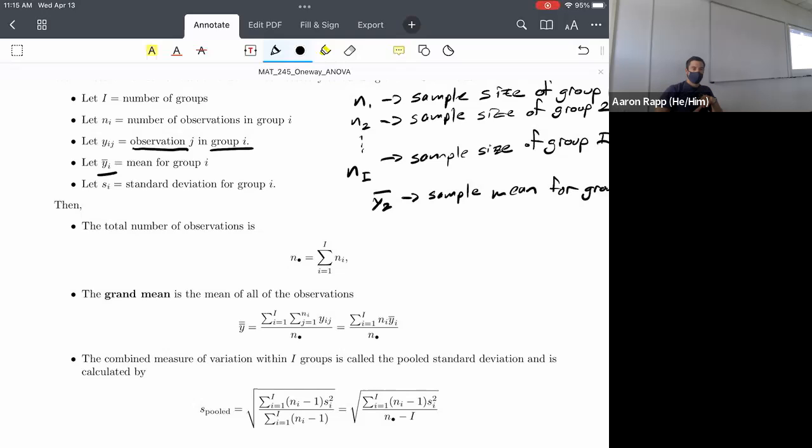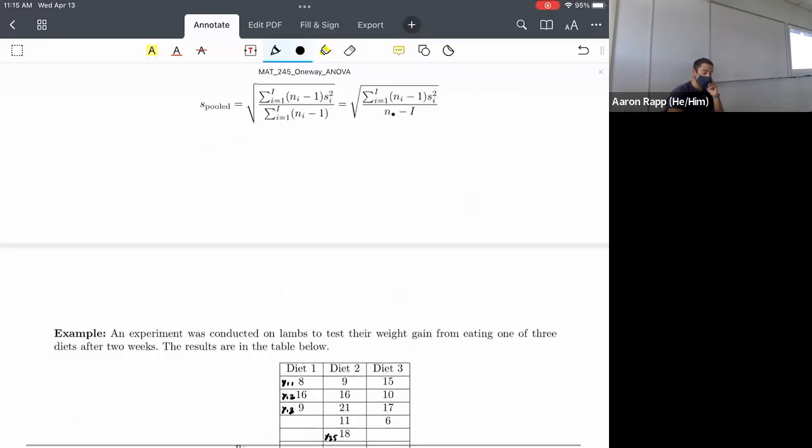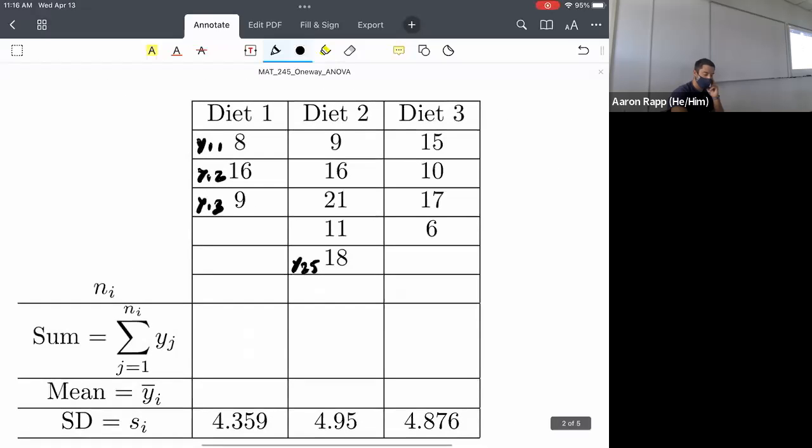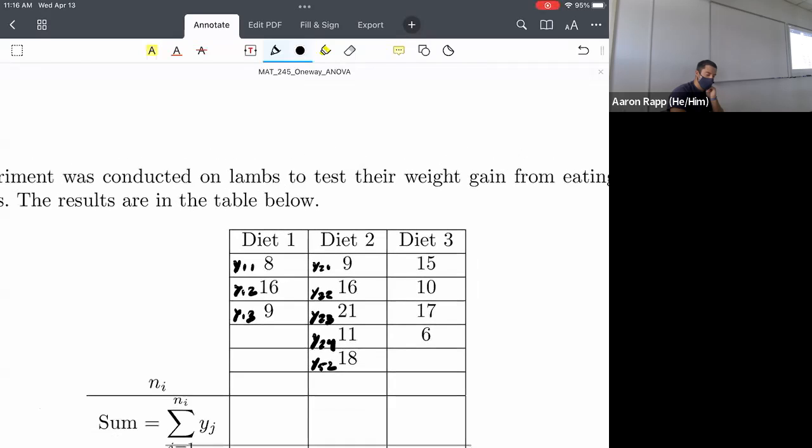Go ahead, Janae. So your second index is what? Yeah, so Y21. Whoops, not 25. It's I then 2. So it'd be 5-2. It should be 2-1, 2-2, 2-3, 2-4. So we're saying first one tells you what group you're in, second one tells you what observation it is.